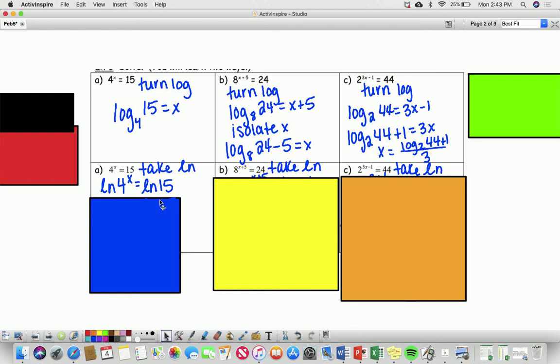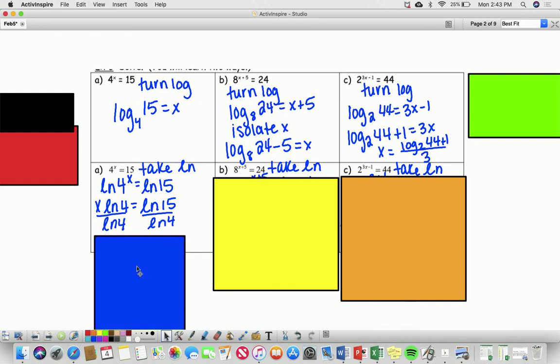Then remember, we have to bump that exponent over from up here to out here. So I bump that over. And then again, I want to isolate x. So I divide by the ln of 4 on both sides. So there is my answer.